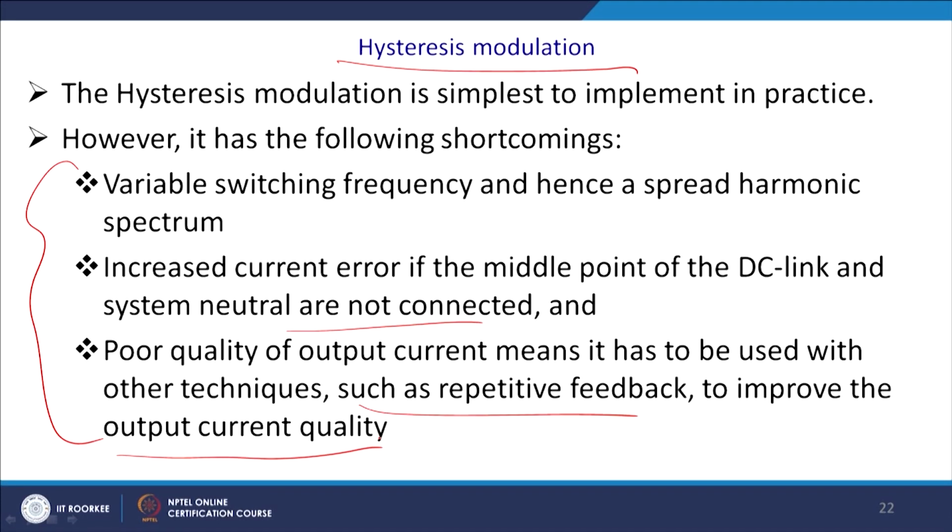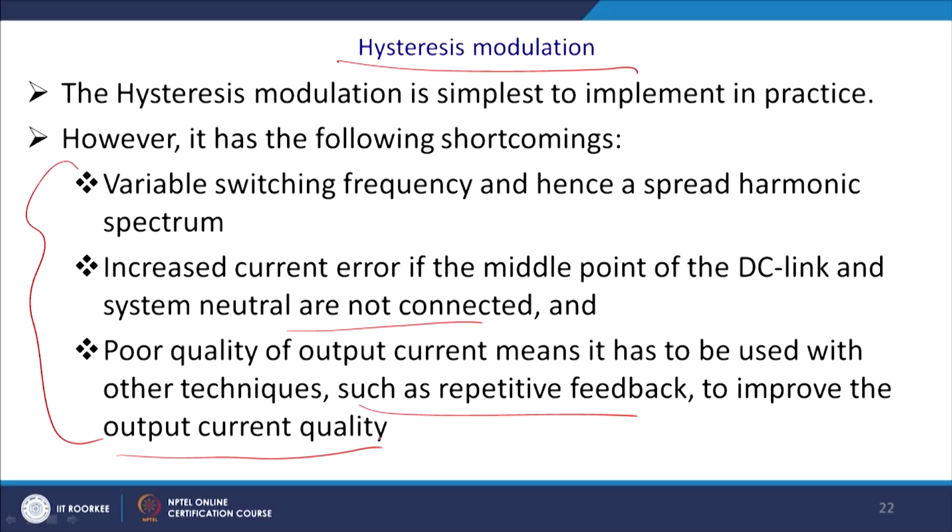Moreover, there is a design challenge since it has a variable frequency operation. So, we require to put in an inductor, as we have seen in the active rectifier. So, designing the inductor is becoming challenging, and there are other issues.